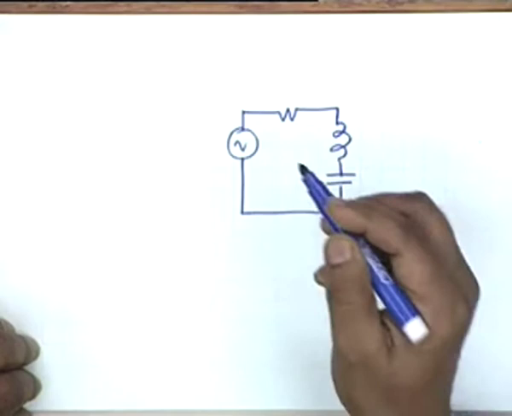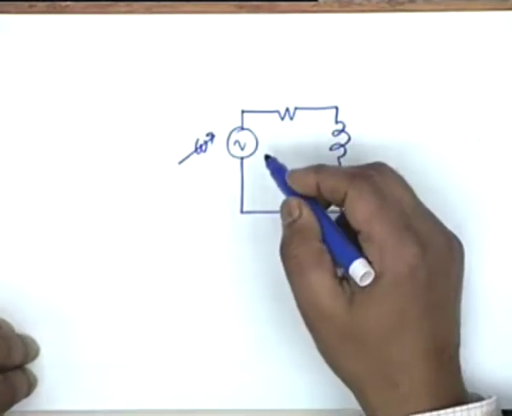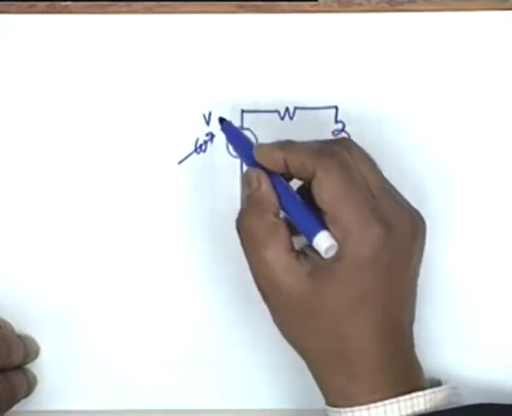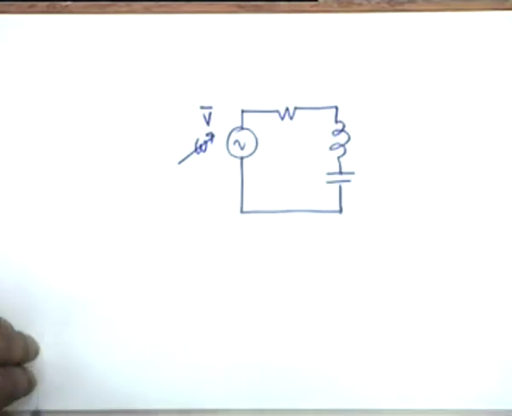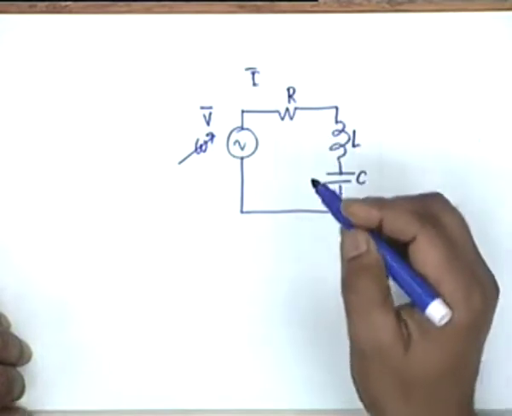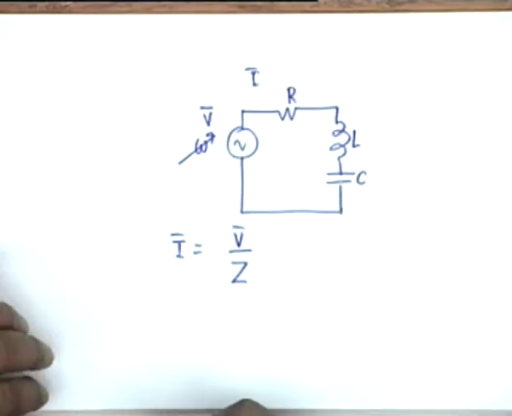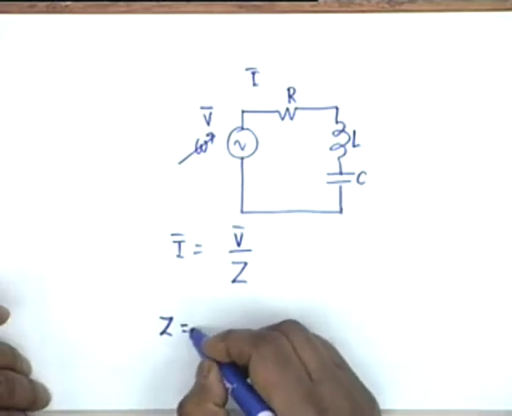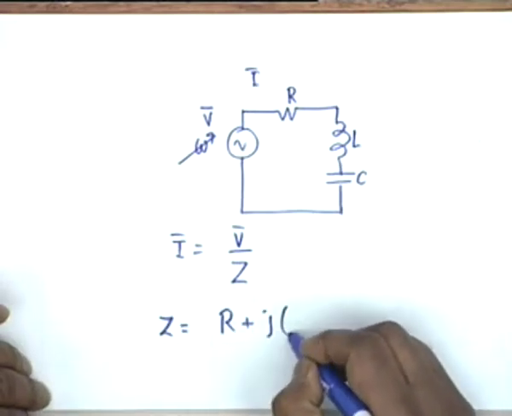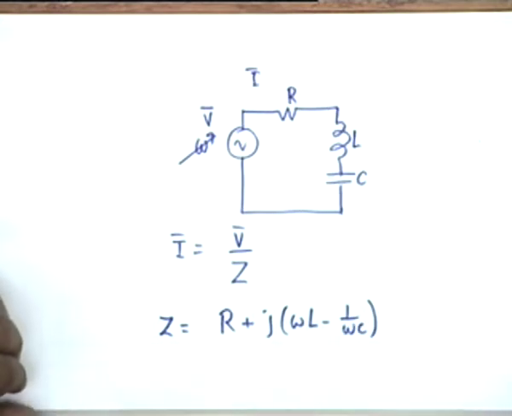which was excited by an AC generator with a variable frequency, and if I call this as the voltage phasor V, then the current phasor in the circuit is given by V over the complex impedance, and the impedance of the circuit is R plus j omega L minus 1 by omega C, which has a magnitude and a phase.